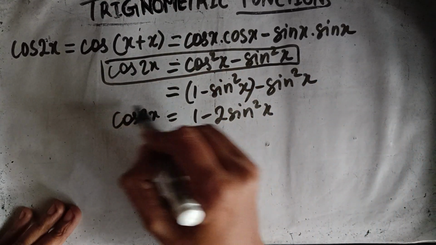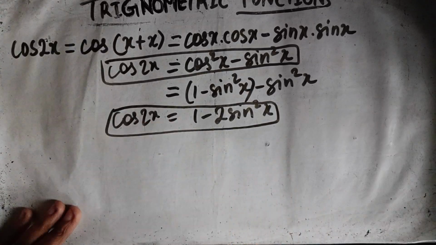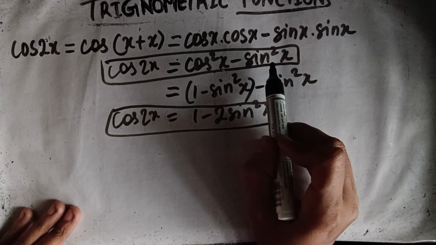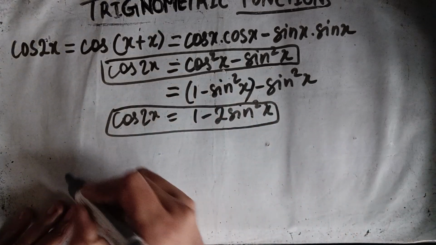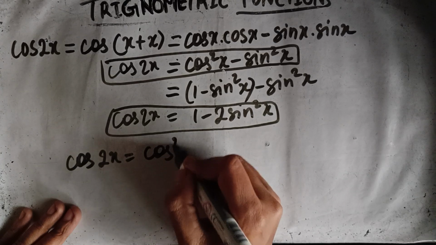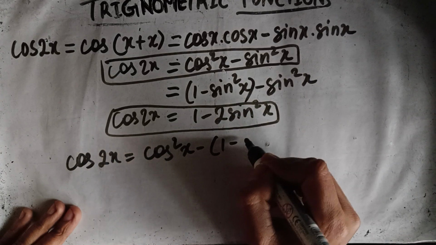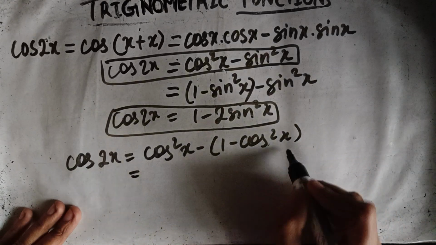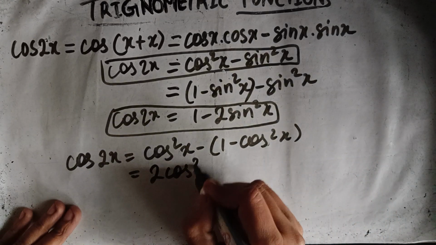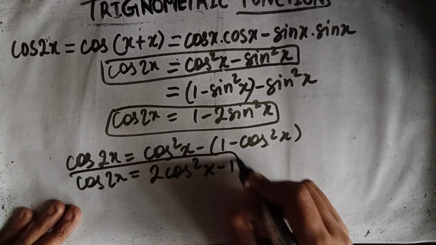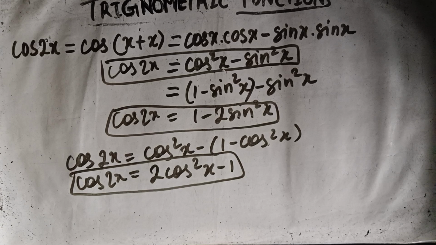Then we can write this as this. Again, if you substitute sin²x as 1 − cos²x, this will be 2cos²x − 1. Okay, this is another one.